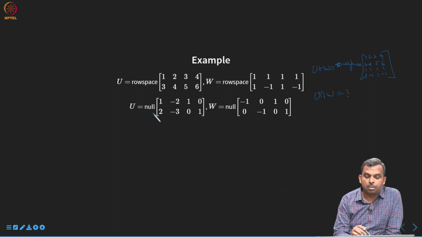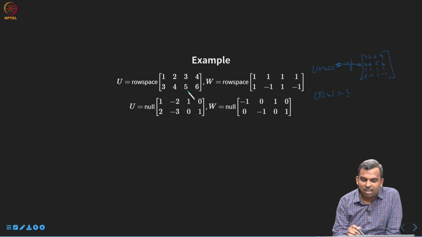So, U perp simply becomes the null space of this. Okay, so once again, what did I do here? U is the row space of this, and U perp is going to be the null space of this itself.